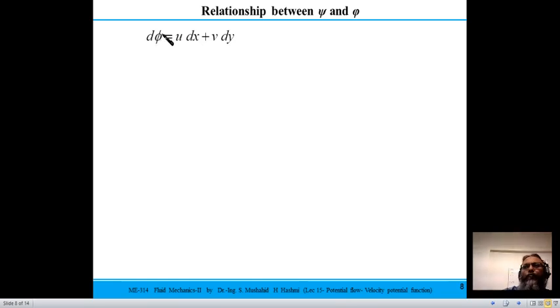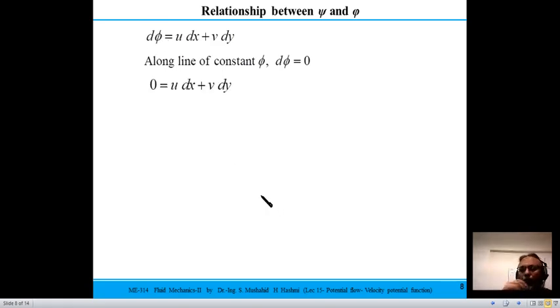As you know, when phi is constant at a given value of phi, d phi would be 0 because the derivative of a constant is 0. So the left hand side of this equation comes out to be 0. So it is 0 equals u times dx plus v times dy, and if you simplify this, what you end up with is dy upon dx, when phi is constant, equal to minus u upon v.